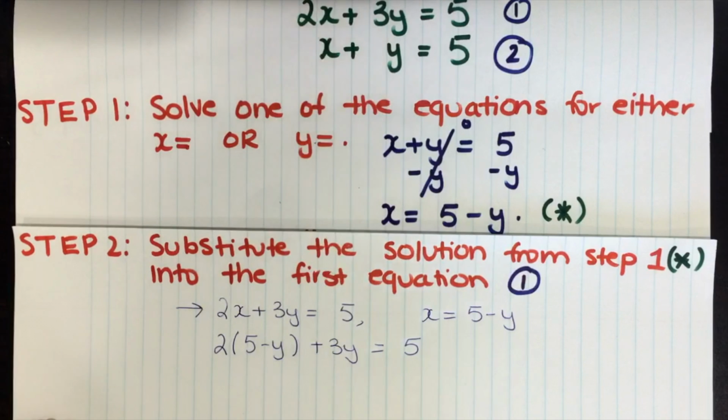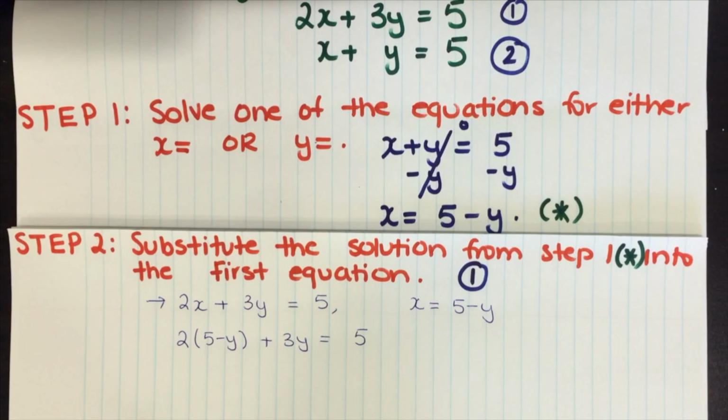So now we just have to solve for y. That is, we need to simplify this equation. From this part, we need to FOIL, add like terms, and solve for y.